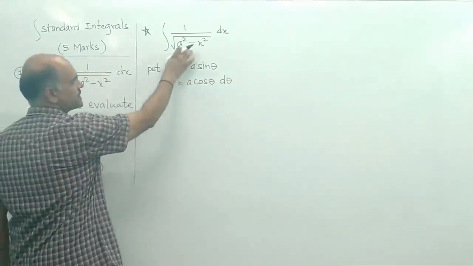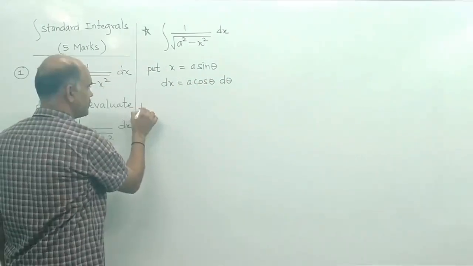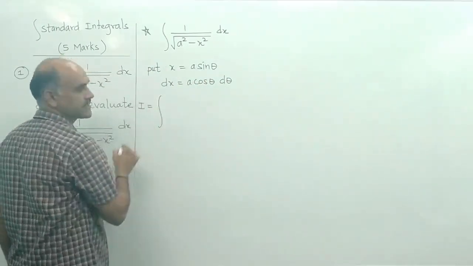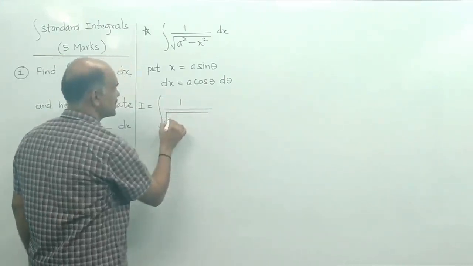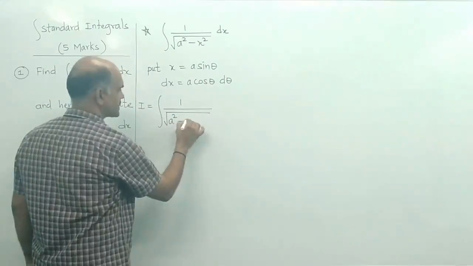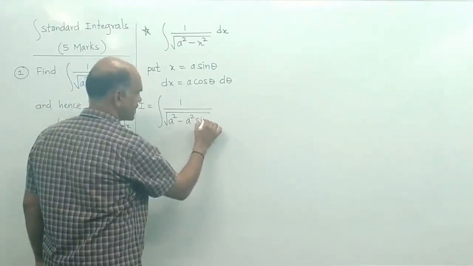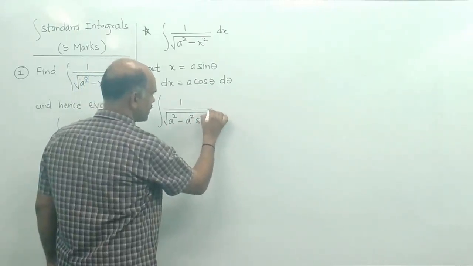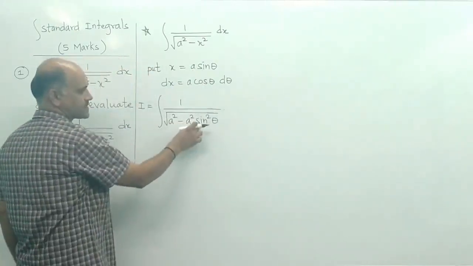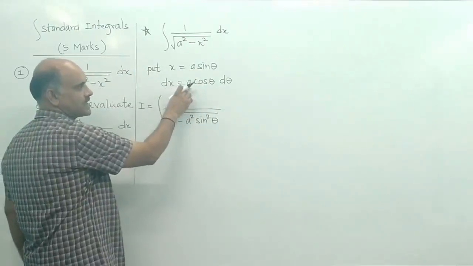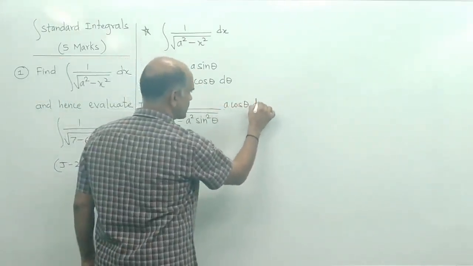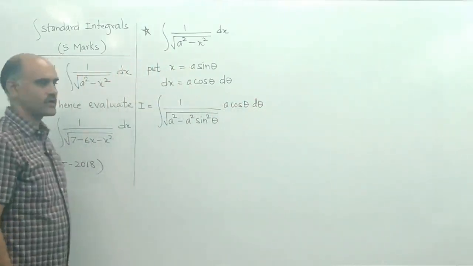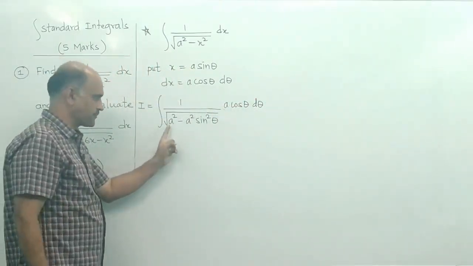Now substitute these values. So you will have I is equal to integral 1 by root of a square minus x square, where x square is a square sin square theta, and dx is a cos theta into d theta.